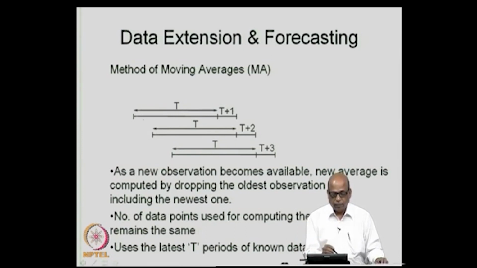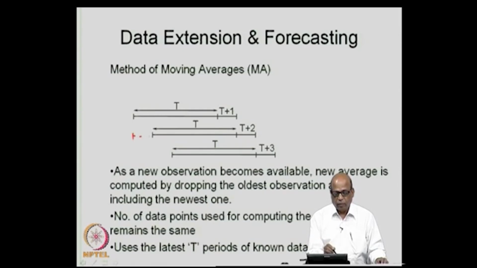What I mean by that is, let us say you have time periods up to time period t. Use the values up to time period t, take the average and call it forecast t plus 1.